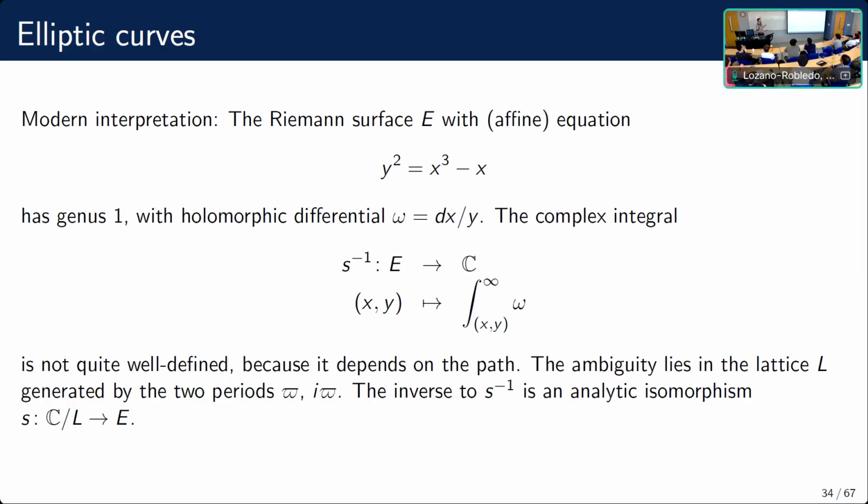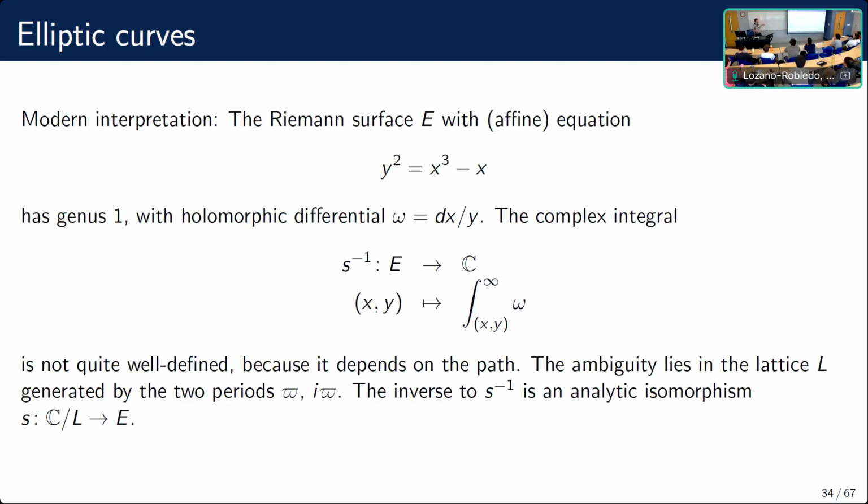The ambiguity lies in a certain lattice, the Z-span of two complex numbers. What are those complex numbers? One of them is our friend pi. The other one just happens to be i times pi. So doing the integral this way gives you pi, and doing the integral this way gives you i times pi.